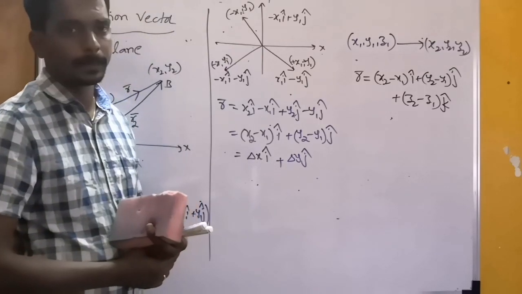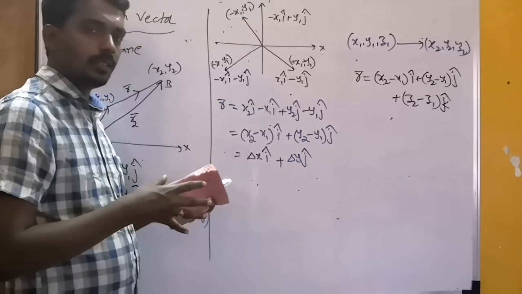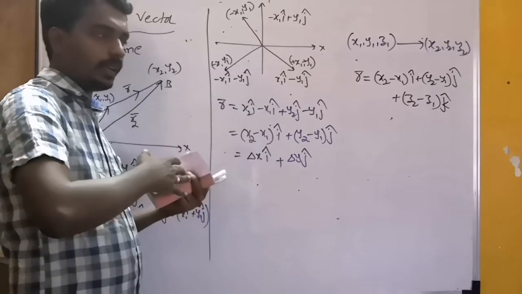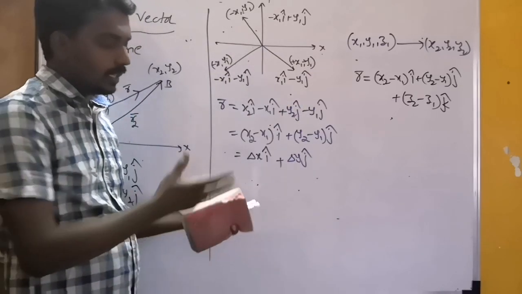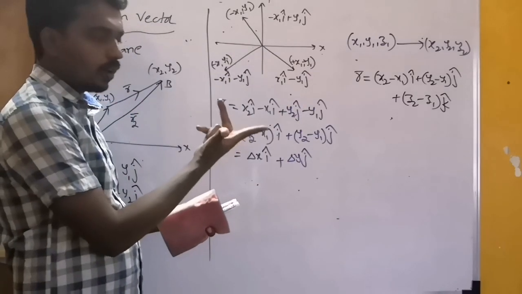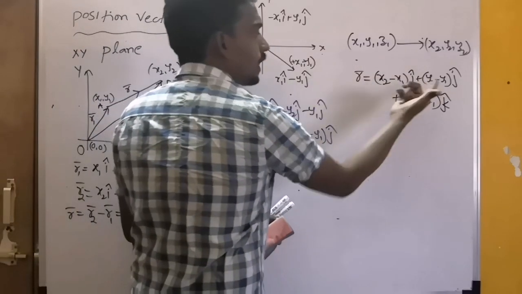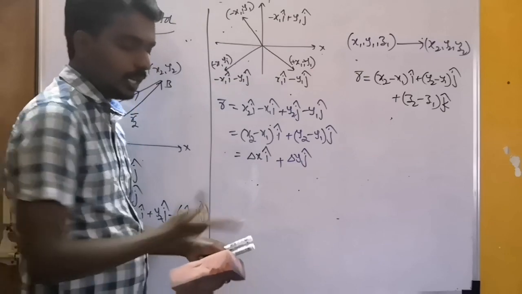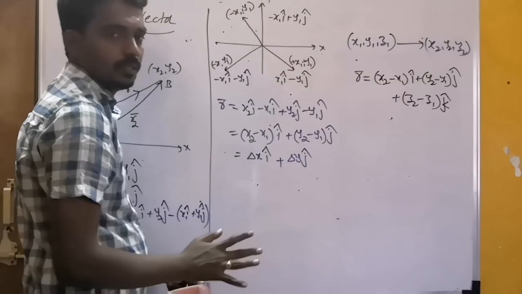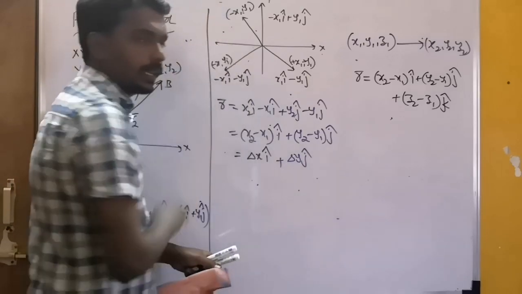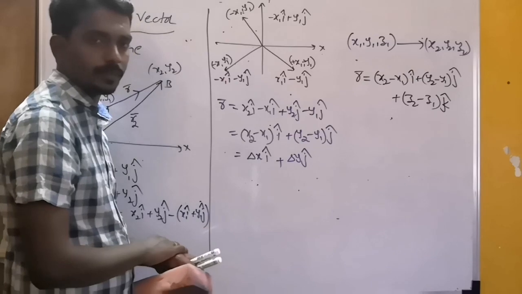But if the particle is moving in space, in a region, then there is one x coordinate, y coordinate, z coordinate, so that there is one i term, j term, k term. But if there is a plane like the board plane, only two axes will exist, either xy or yz or zx.